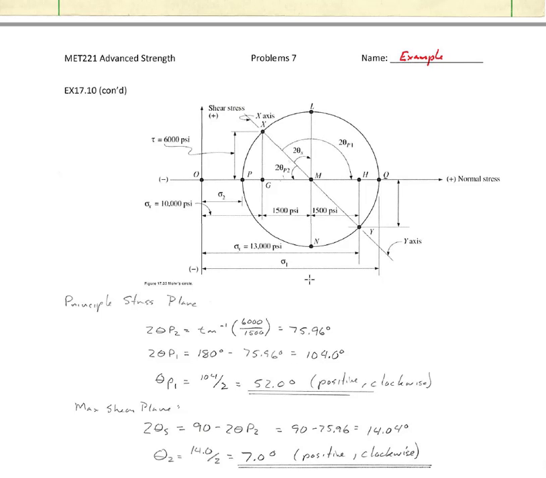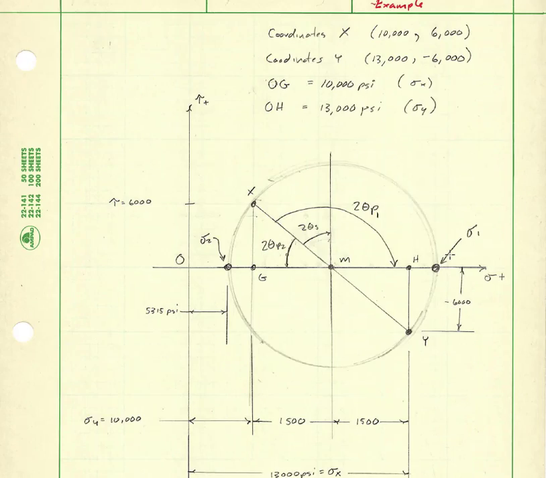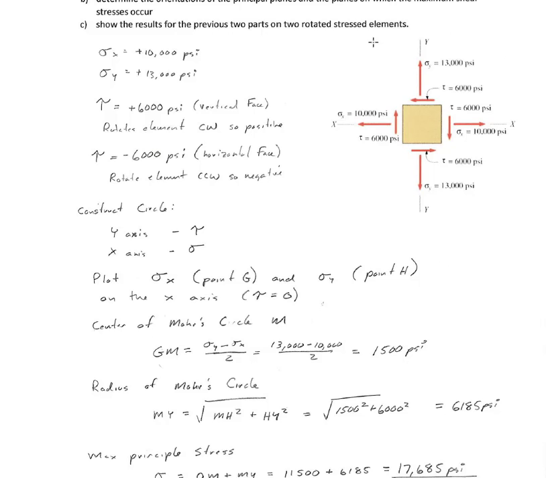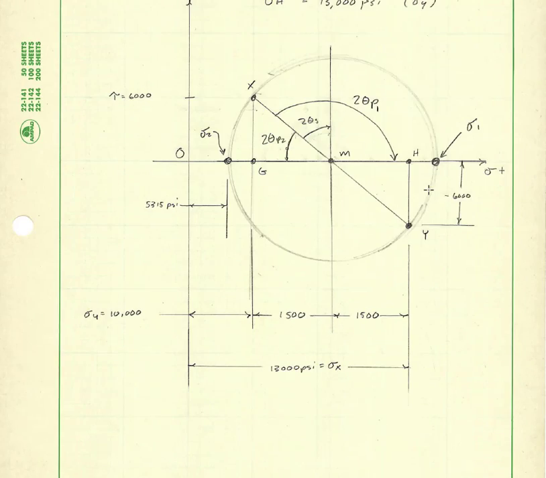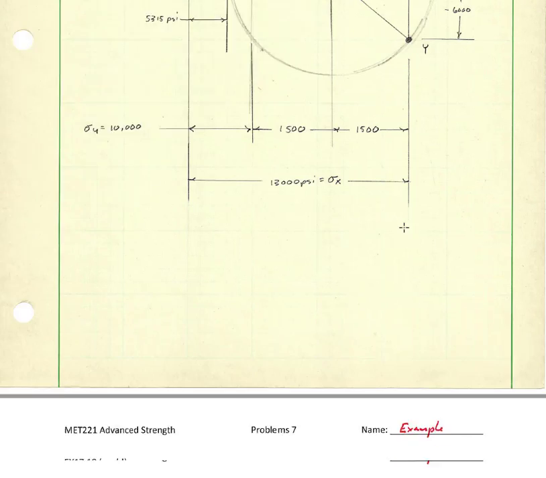So when we're looking at this one, our original problem statement, when I say original problem statement, I'm going back to this stress element right here. Our original problem statement is that stress element. So that stress element exists on our Mohr's circle as two different points. It's this point X and then this point Y. Those are the points that are defined by our original problem statement.